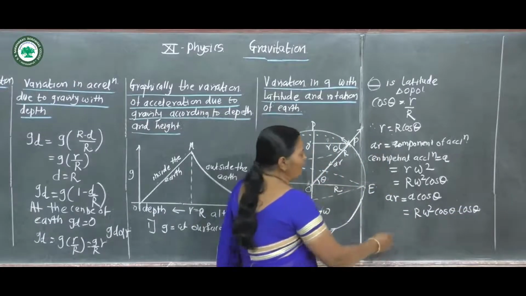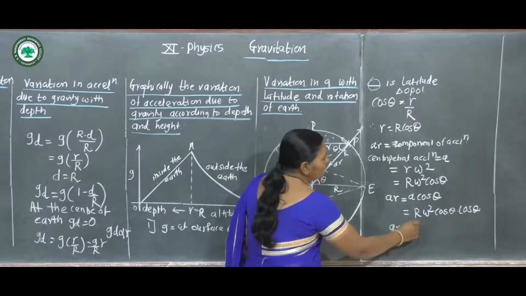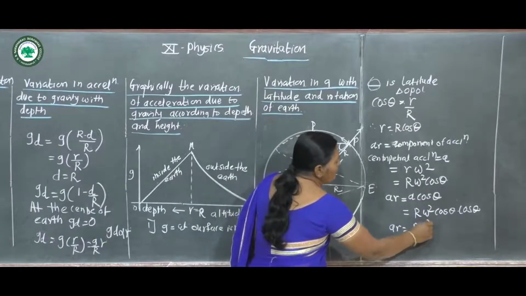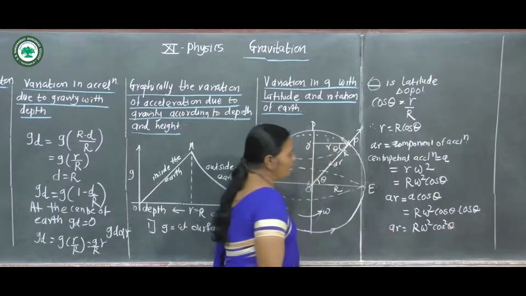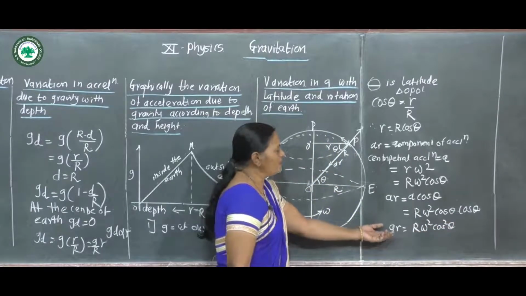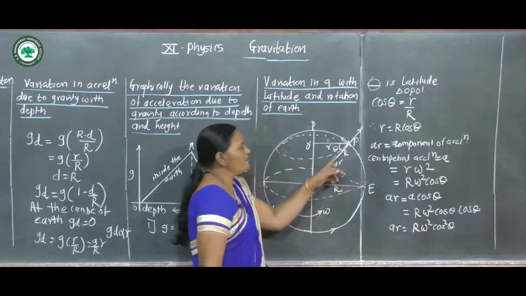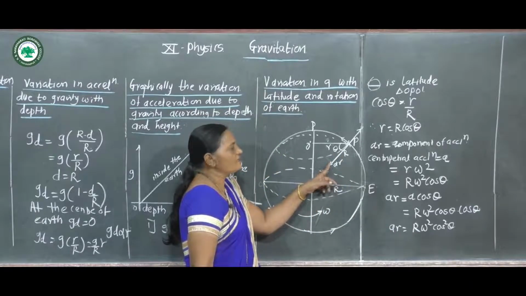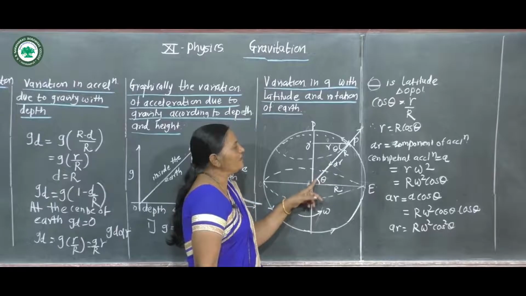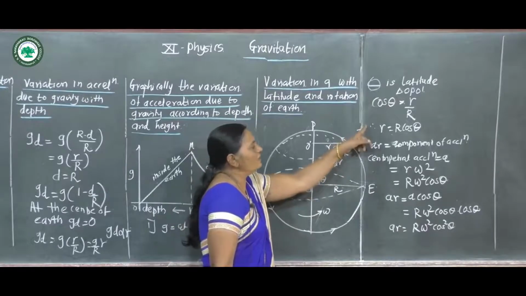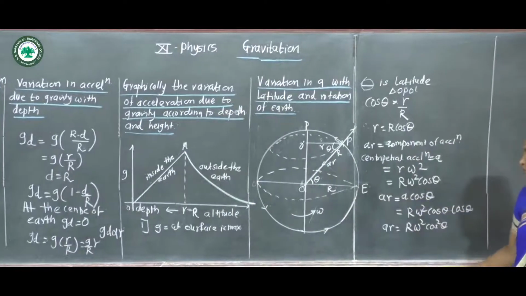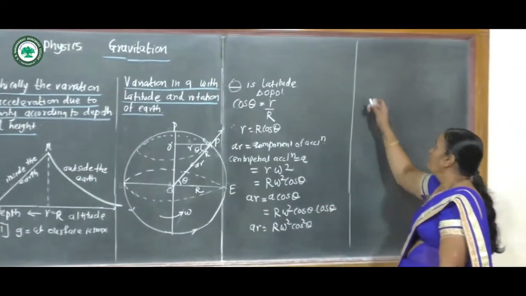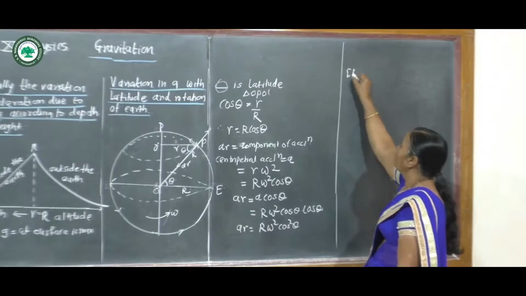We get the equation a_r is equal to R omega square cos square theta. This is the centripetal acceleration a_r, it is towards the center, and g is in the outward side.